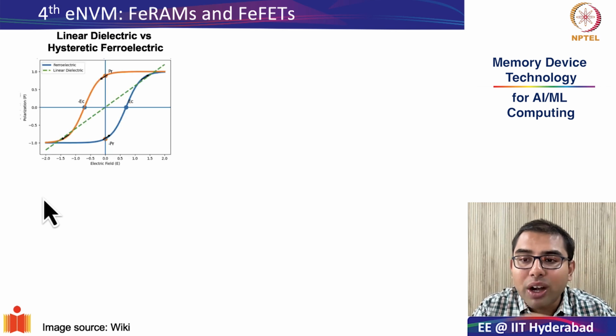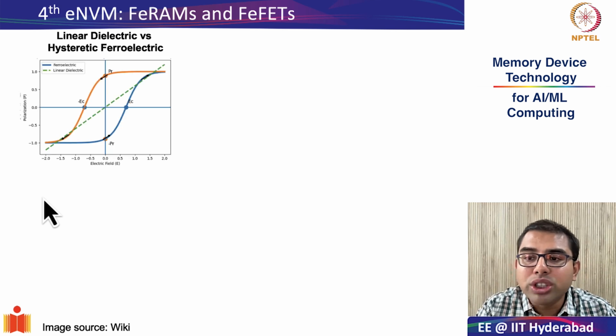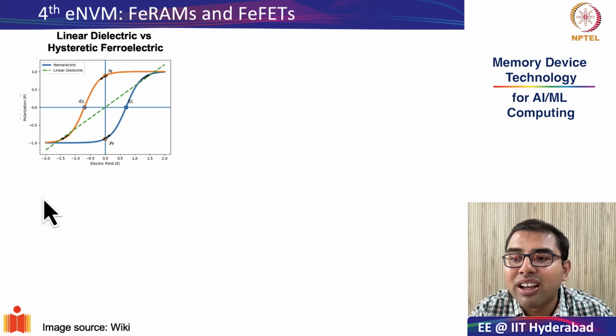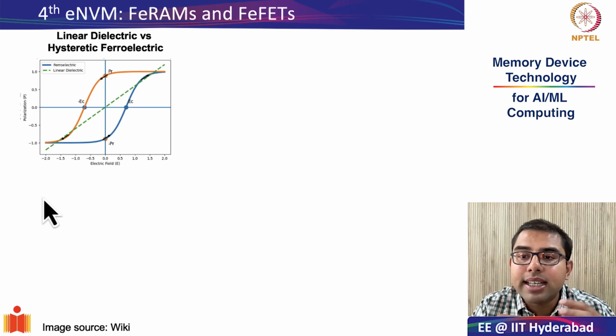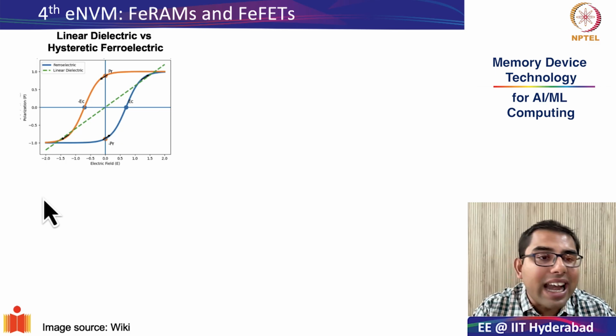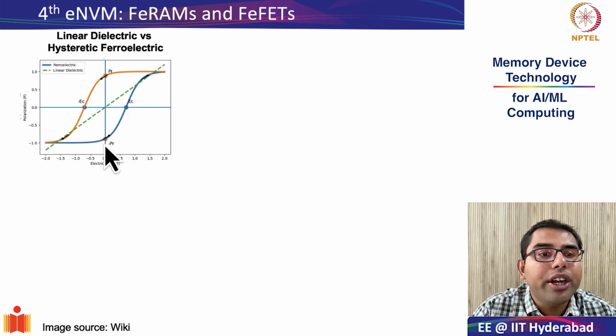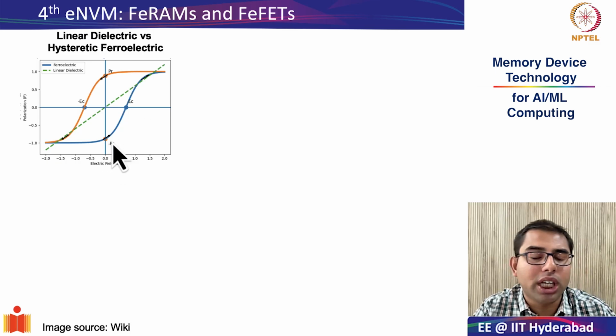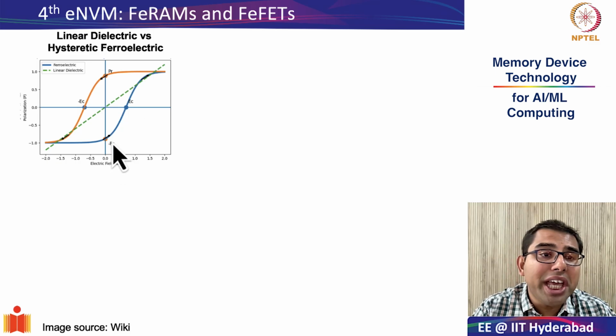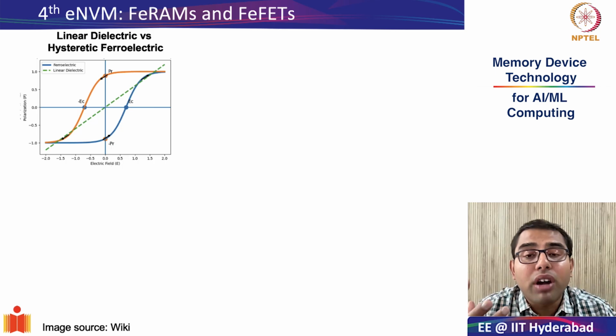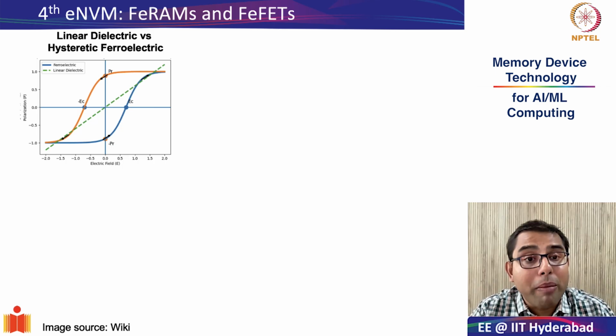However, a ferroelectric material follows a hysteretic curve, and this hysteresis is characterized by your coercive field and your remnant polarization. And as you know, any hysteresis can give rise to a very interesting memory effect.